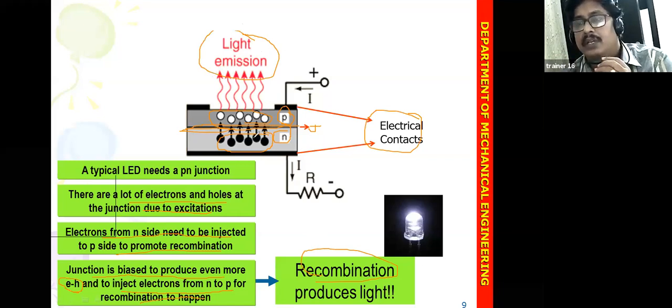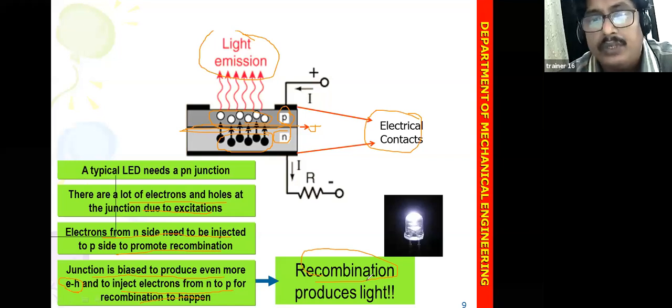The PN junction diode is emitting light, or emitting radiation. And see here the recombination is from the N type semiconductor to the P type semiconductor.